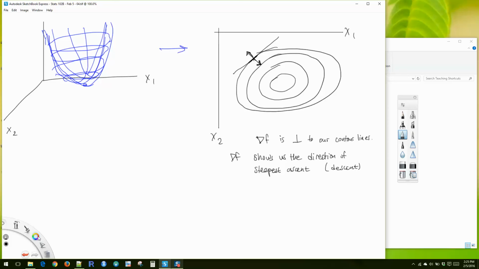And so basically, we take a step, and then we find the gradient at this point. We take another step, we find the gradient at that point. We take another step, and we find the gradient at each of these points, and we end up making it to the minimum.